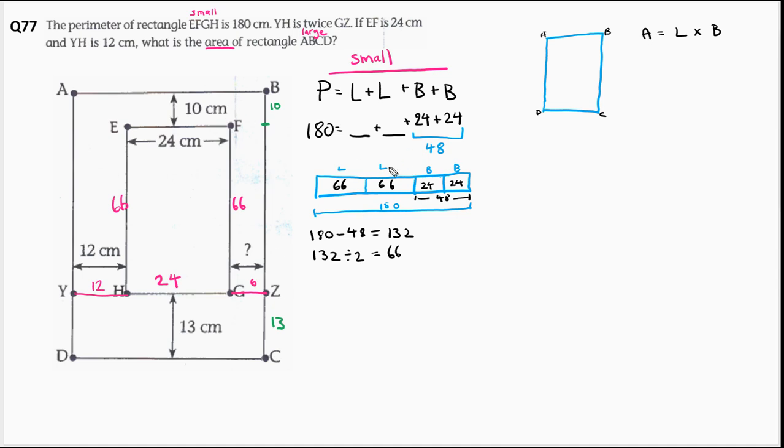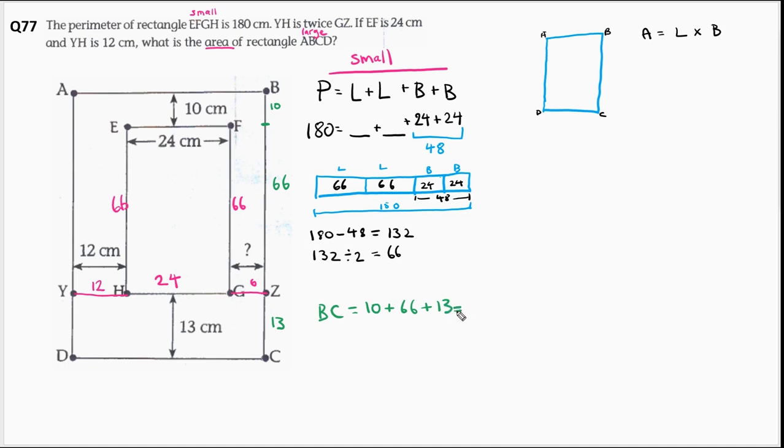And now, because of our calculations here, this part here is the same as the length of this small rectangle, so that's 66. So I can now work out length B to C. So B to C is equal to 10 plus 66 plus 13.